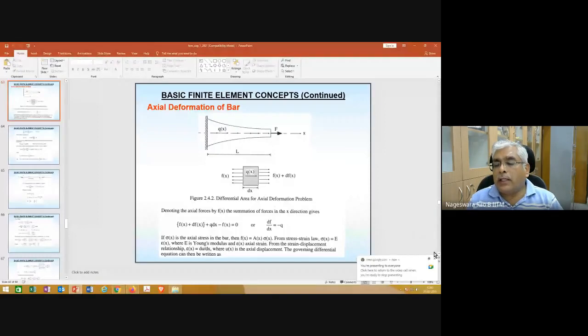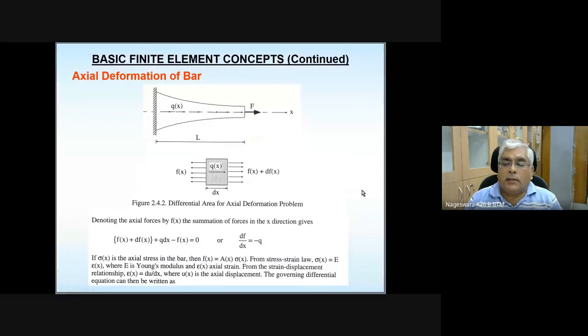So now let's come back to the lecture for today. This is what we looked at in yesterday's class: how to develop element equations for a bar which is undergoing axial deformation.